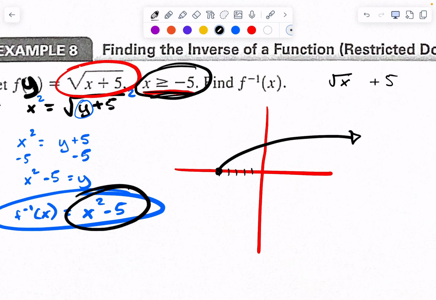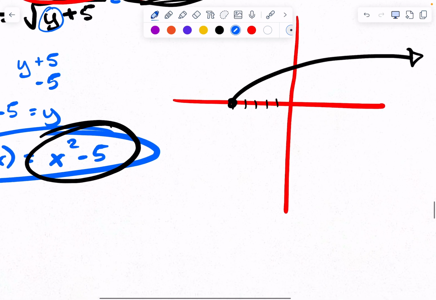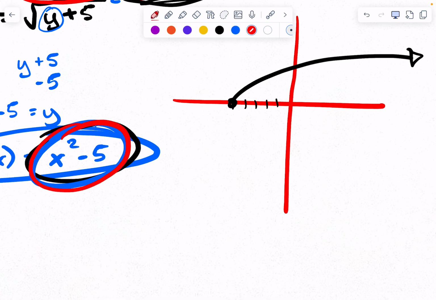Do you know what this guy looks like? x squared minus 5. He is a parabola, down 5. 1, 2, 3, 4, 5. And he looks like this, right? Except here's the deal.